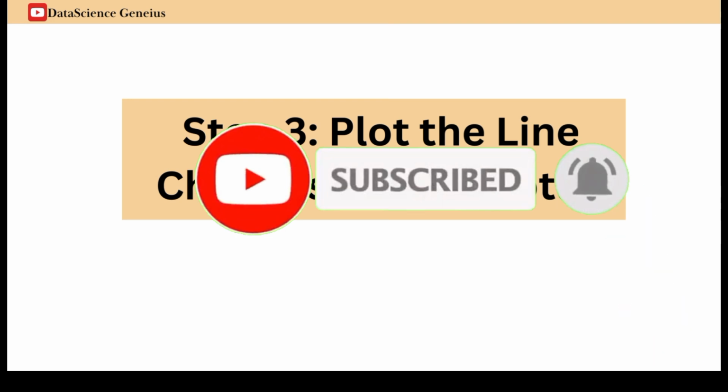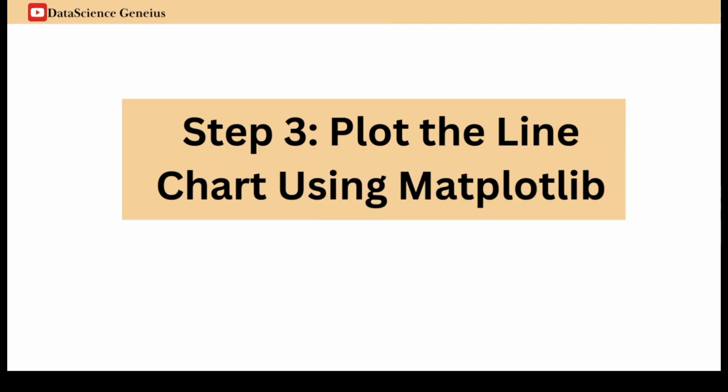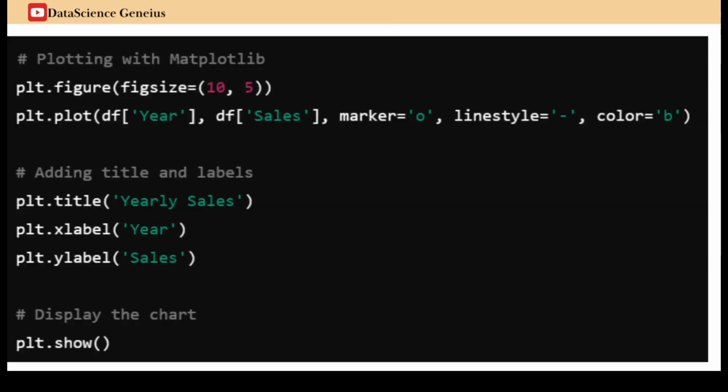Now that we have set up the environment and loaded the dataset, we can move on to creating line plots using Matplotlib. And third, plot the line chart using Matplotlib. We will start by creating a basic line plot and then customize it to make it look more presentable and informative.